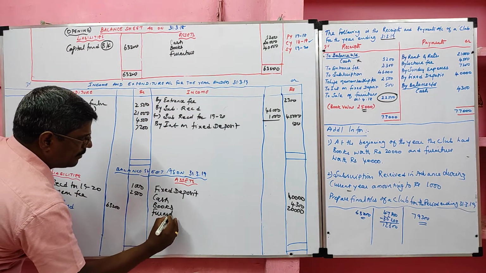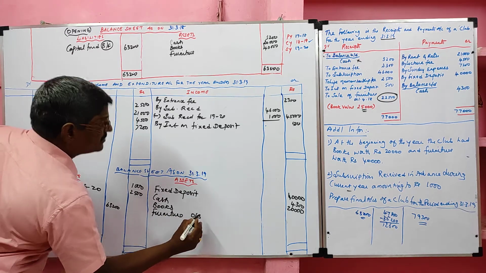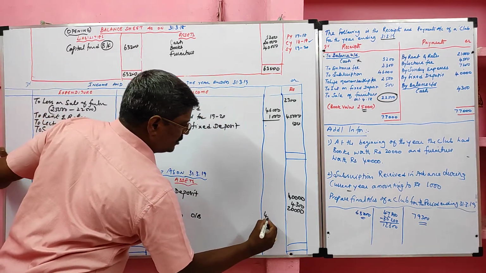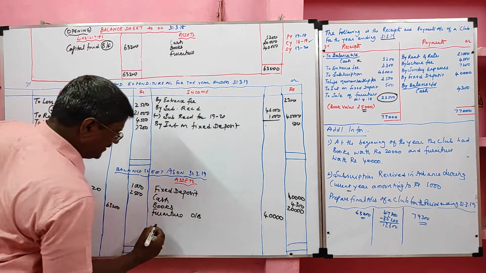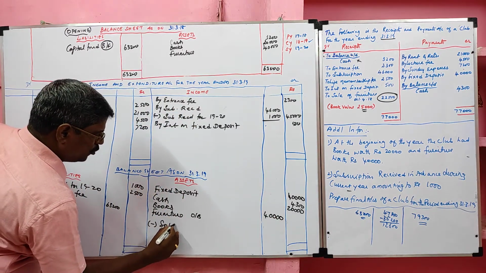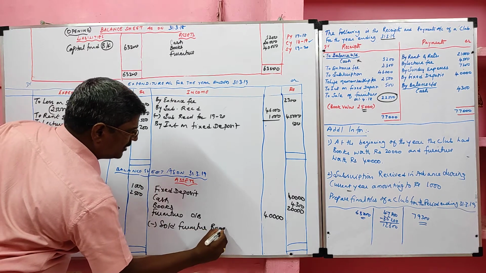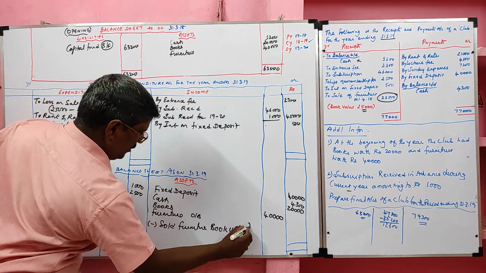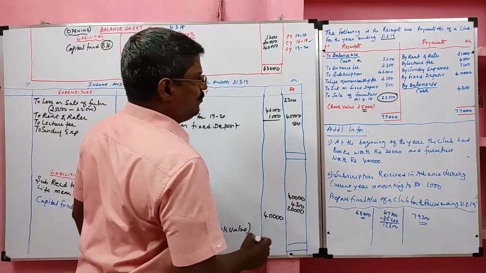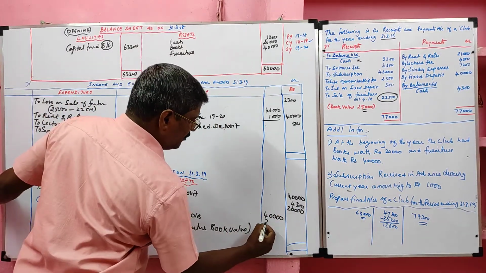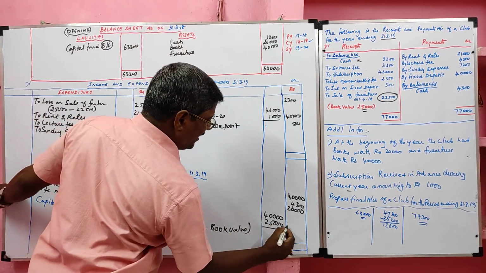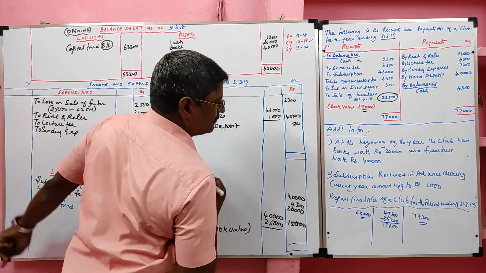Furniture, our opening balance value how much? 40,000. Here we have to deduct the sold furniture book value. Its book value how much? 25,000. So balance furniture we add, rupees 15,000.